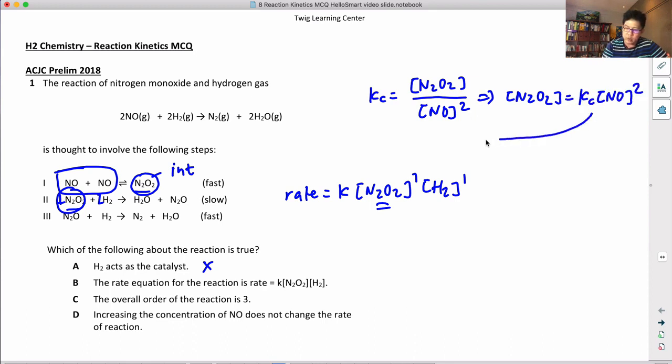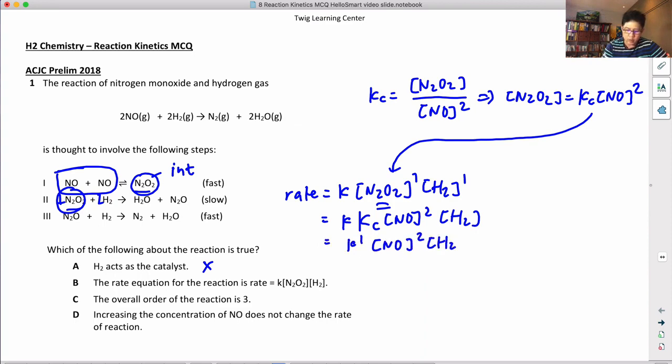You take this and substitute it in here, so this will look like Kc[NO]^2[H2]. NO is fine because NO is a reactant. So in fact it's k'[NO]^2[H2], which means it follows this rate equation. So B is definitely correct. The answer should be B.